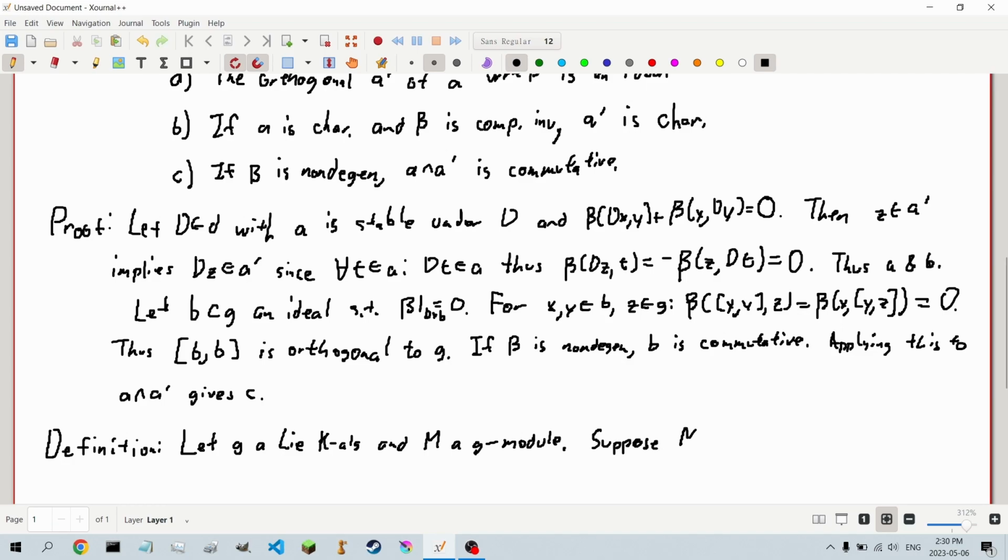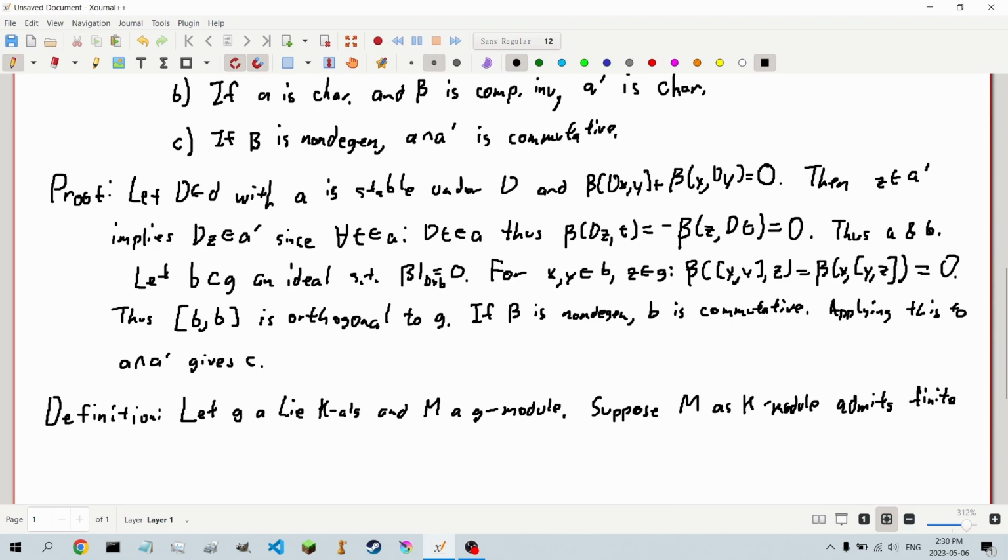Suppose that M as a K module admits a finite basis. A finite basis, you know what I mean.